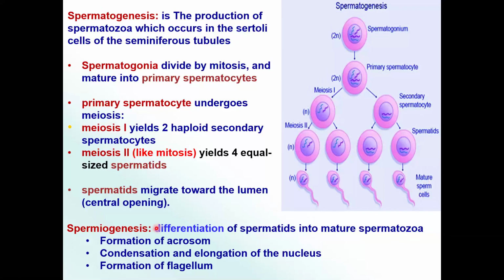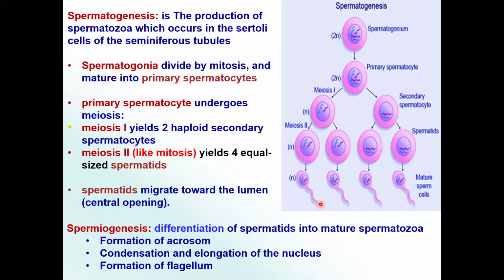During this process, the acrosome is formed. This is the cap on the head of the sperm, which contains enzymes required for the penetration of the ovum during fertilization. We'll describe this later on. Then there is condensation and elongation of the nucleus, and finally the formation of the flagellum.